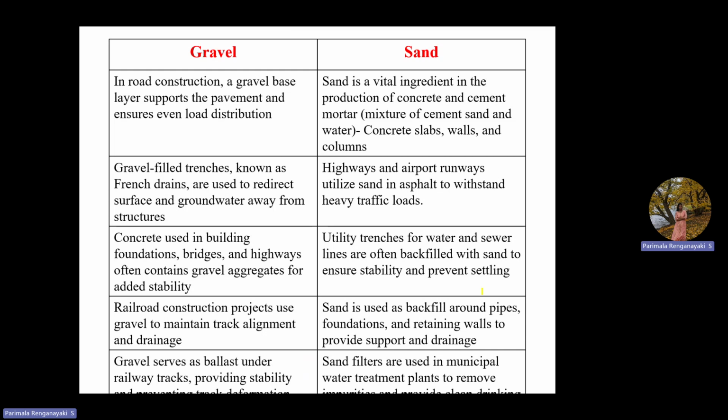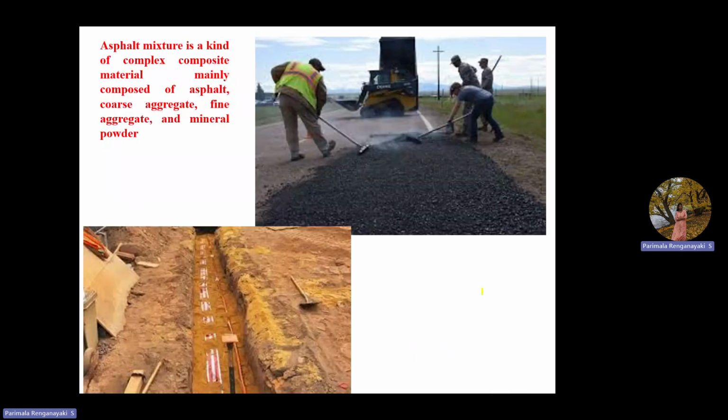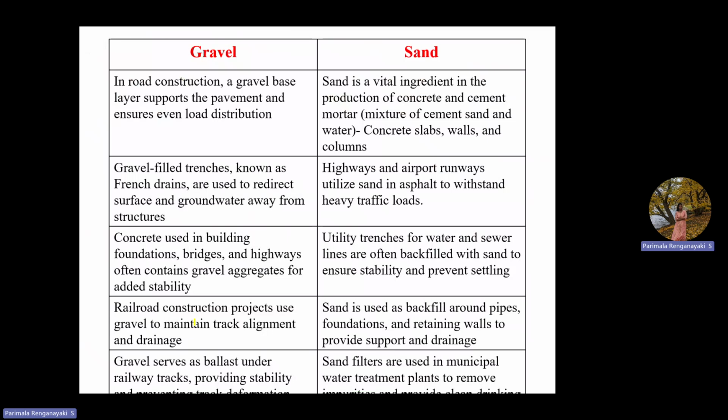Highways and airport runways utilize sand in asphalt to withstand heavy traffic loads. Utility trenches for water and sewer lines are often backfilled with sand to ensure stability and prevent settling. You can see here sand. It is around the pipelines just for the stability purpose.